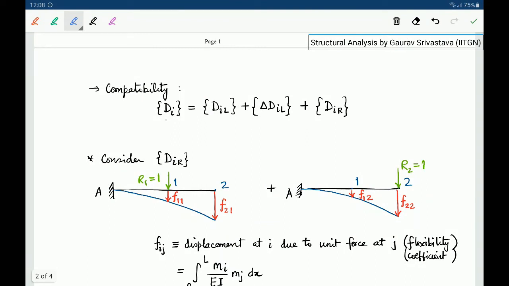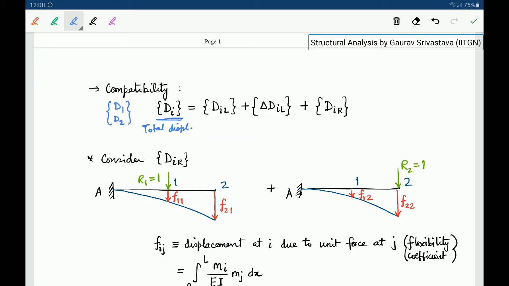Now considering all of these, we can enforce the compatibility. What we are saying is that DI is the total displacement at each coordinate. In this case we have only two coordinates, so we have D1 and D2.